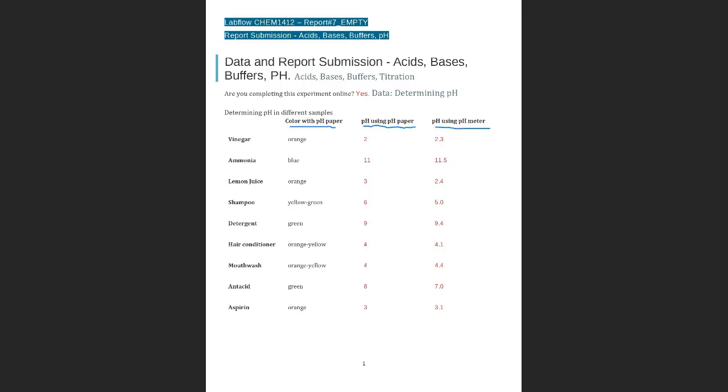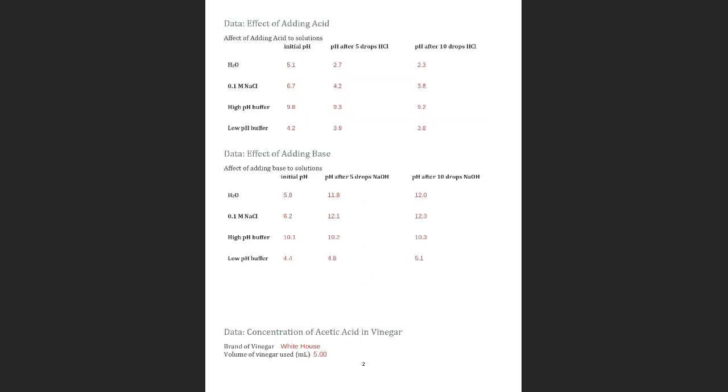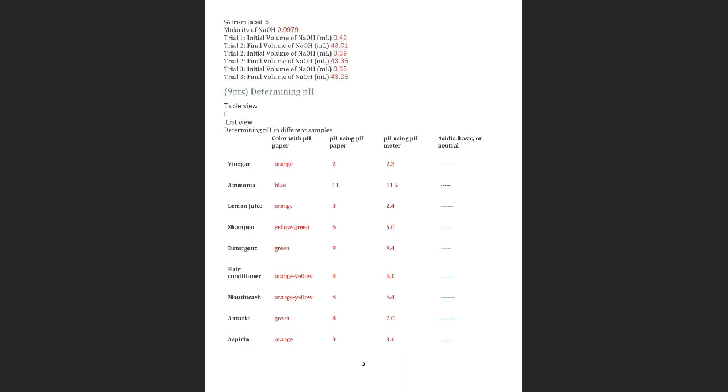Then you will see that vinegar is acid, ammonia is basic. All this in red is information that you are going to have. Everything is given, even the volume of the vinegar you will need to calculate the molarity, which is 5 ml. All in red is given.